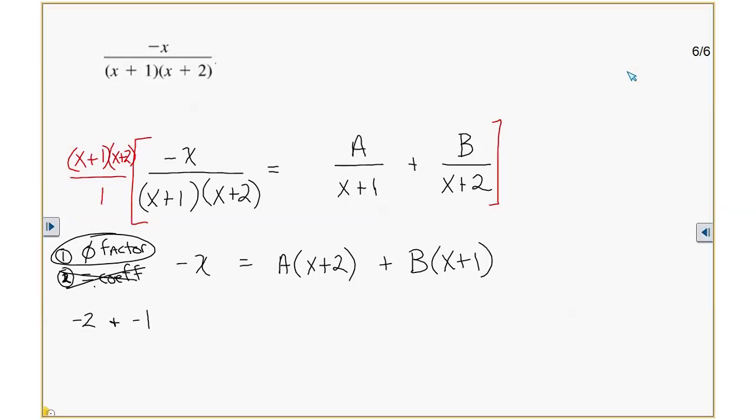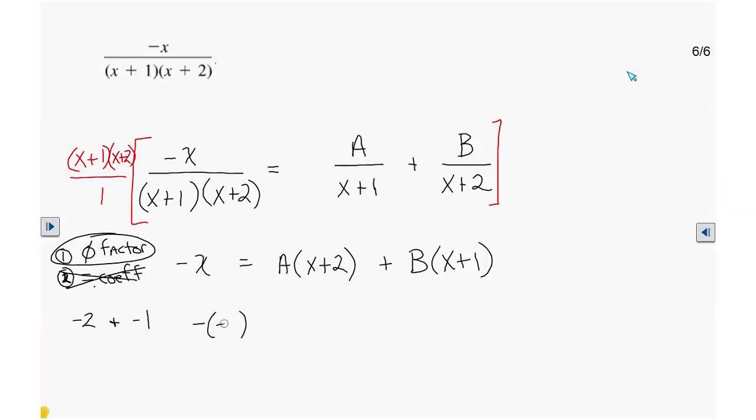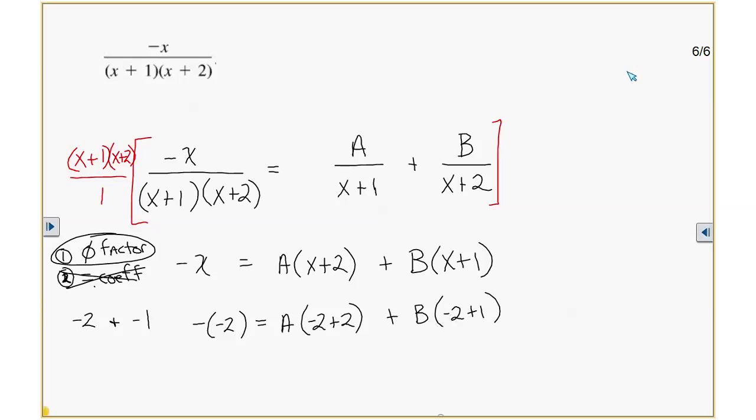We're going to plug in negative 2 first. So negative 2, so that's negative parentheses, that's a negative 2 in there, equals A times negative 2 plus 2 plus B times negative 2 plus 1. Now what happens to the A term?